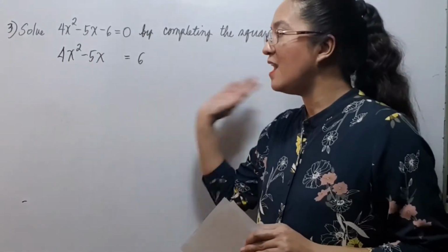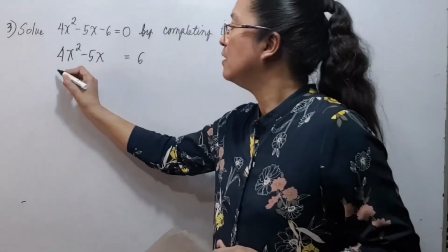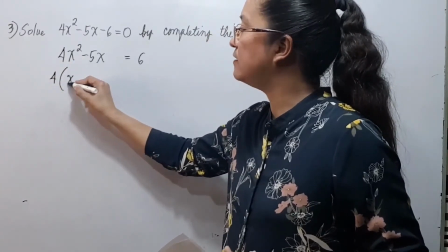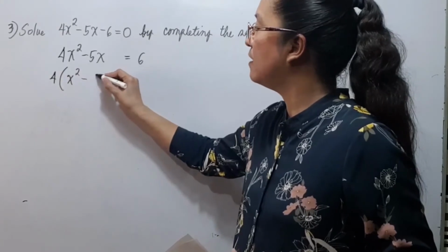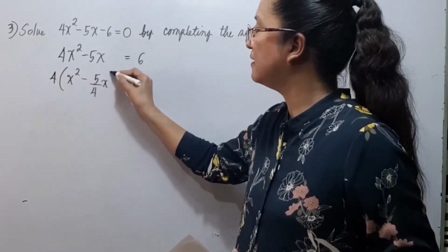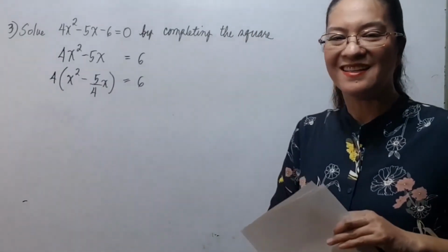Okay? So, kailangan ay i-factor out natin yung 4. So, 4x squared divided by 4 is x squared, minus 5x divided by 4 is 5 over 4x. Is equal to 6. Ayan.